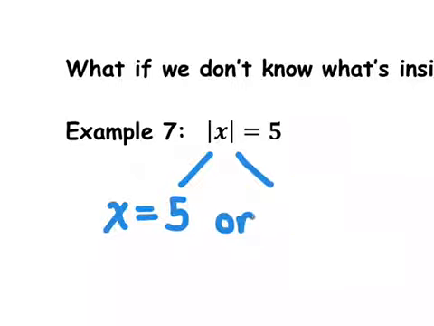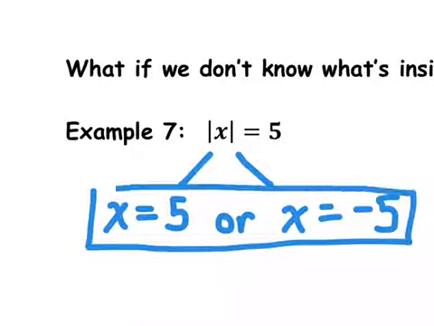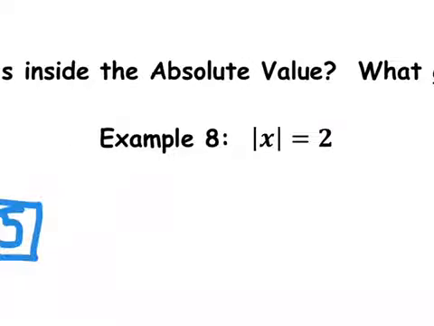Or if I change that to a -5, I consider that negative value because the absolute value of -5 is also 5. That gives me two solutions, 5 and -5. And this continues for the rest of these problems.